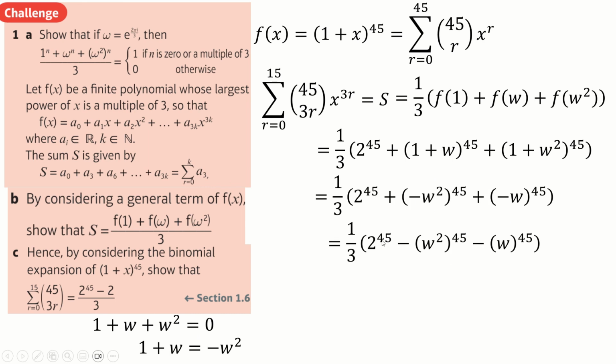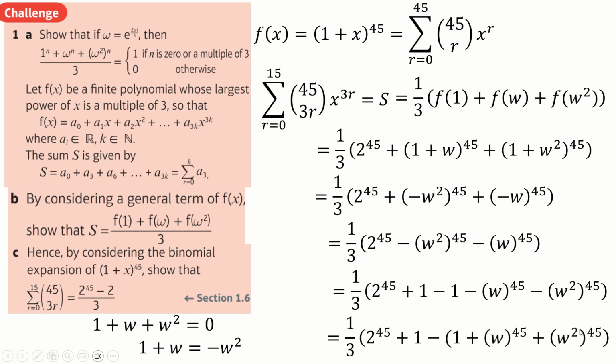And now 2 to the 45. What is 2 to the 45 if not 2 to the 45 plus 1 minus 1? That seems legit. And now I think I can write this thing. If I factorize out the minus 1, I can write it like this. But this here is just of the form this thing here, right?